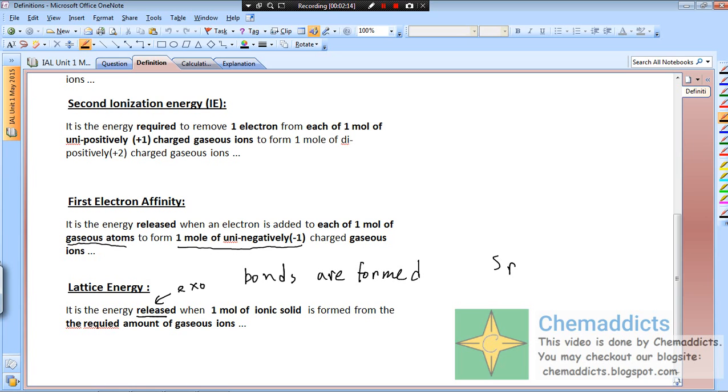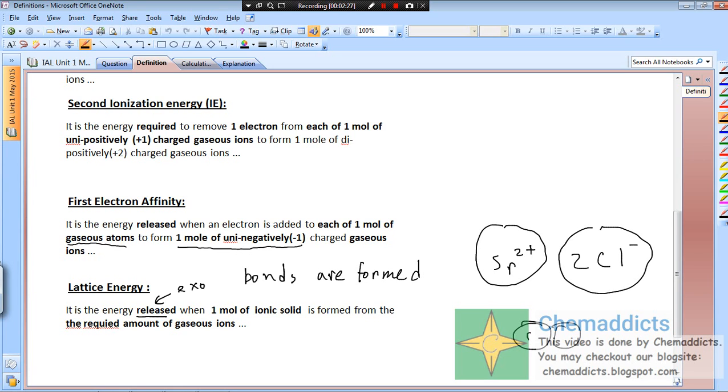Here strontium Sr2+ gaseous ions bond with fluoride ions to form strontium fluoride, Sr2+ and 2F-. So here the gaseous ions bond together to form an ionic solid.